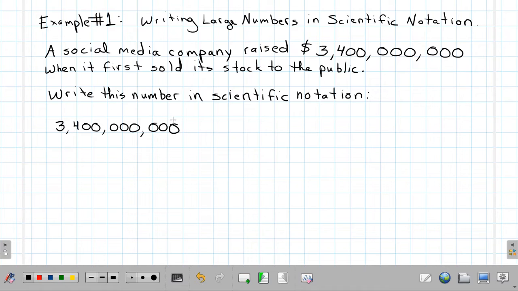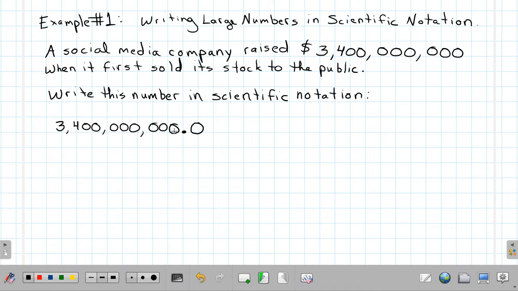Okay, and I write the number exactly as it shows up in the question. Okay, so now let's follow the steps. First thing we need to know is, in this number, where is the decimal place? Well, this is a whole number. It would take you a long time, but you could count to this number. But just as any whole number, the decimal place always shows up after the ones place.